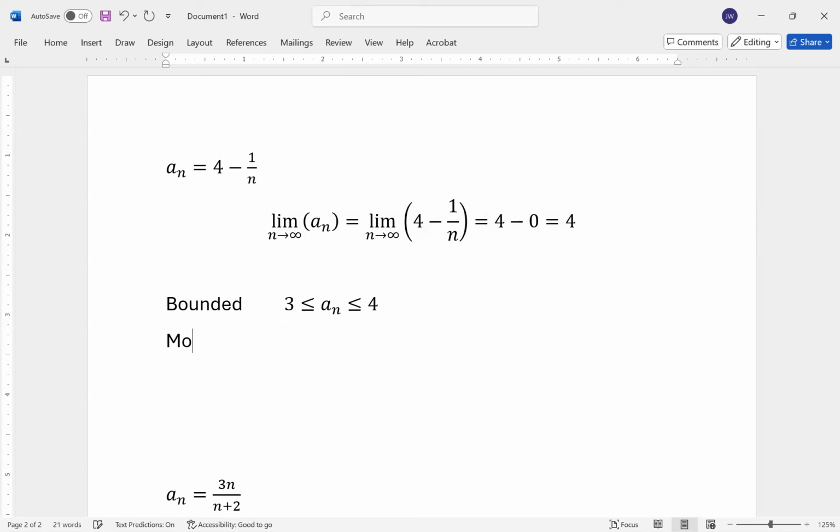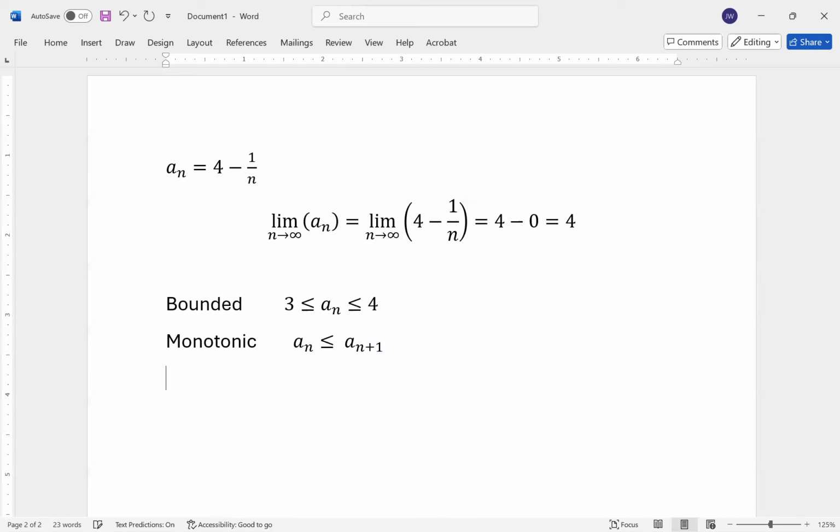It's also monotonic because if you look at two values, a sub n versus a sub n plus 1, it turns out a sub n plus 1 is always going to be greater than or equal to a sub n.